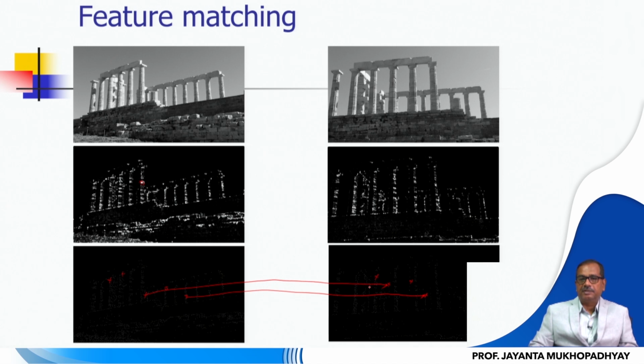But how do you say that they represent the same visual content, or the same structural points in the three-dimensional world? For that reason, around these points we make a local descriptor, and a feature is mathematically described as a vector in a multidimensional real space.